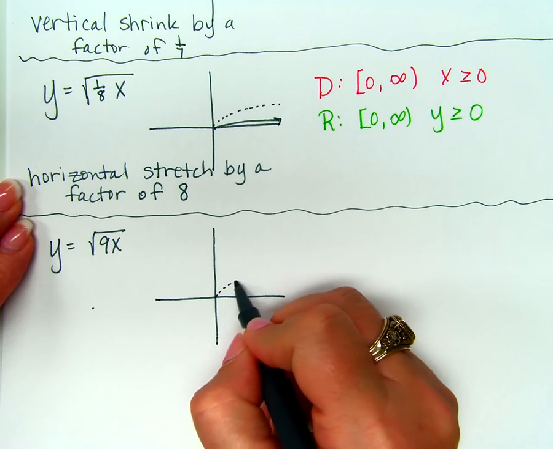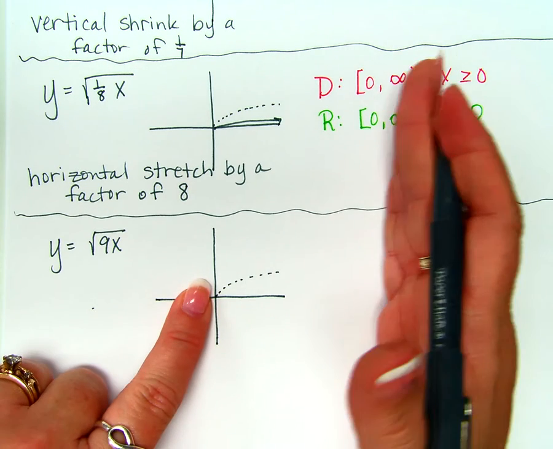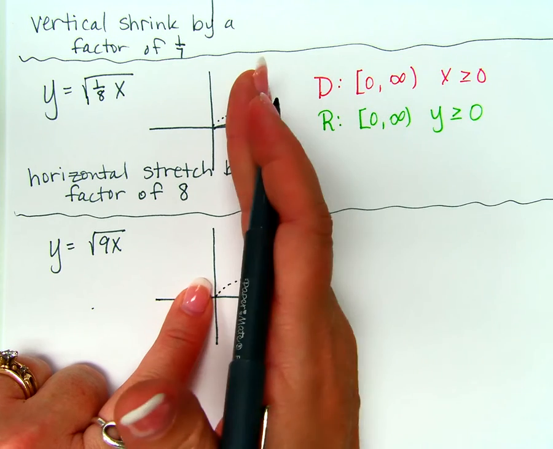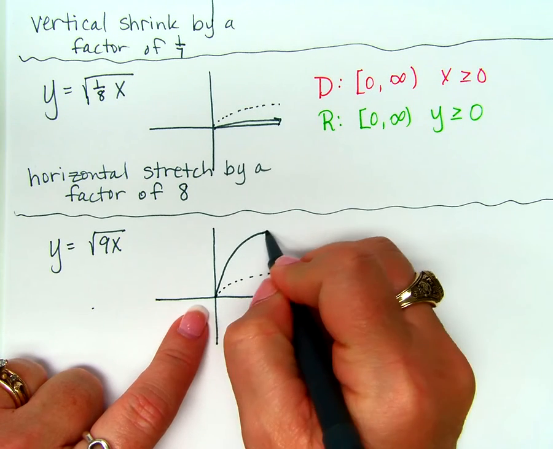So if this is my parent and I horizontally shrink it, what's going to happen to all that? Like that, right?